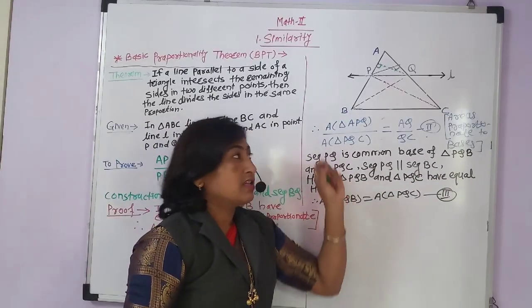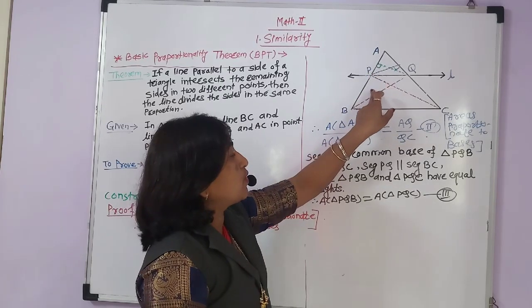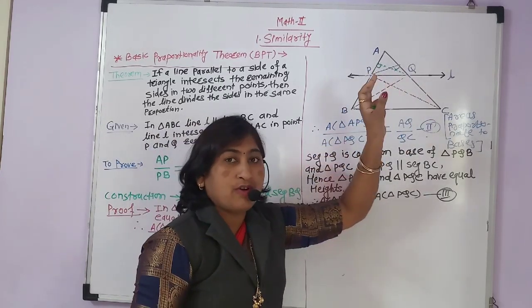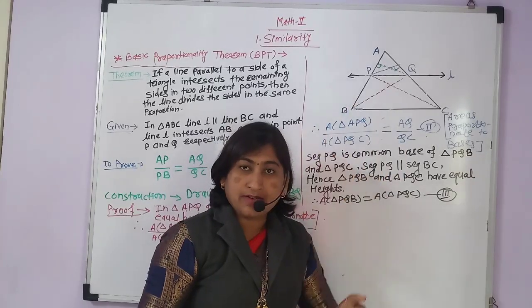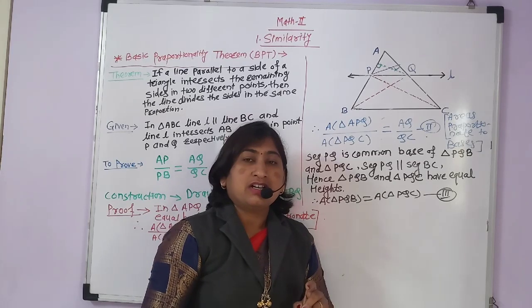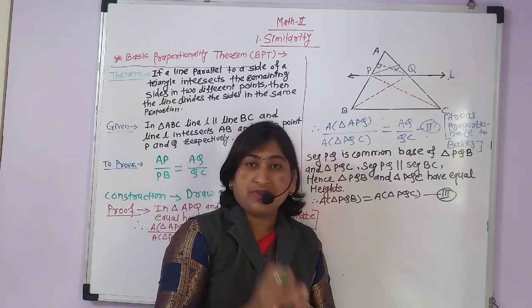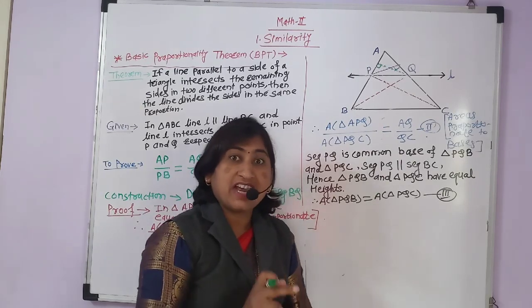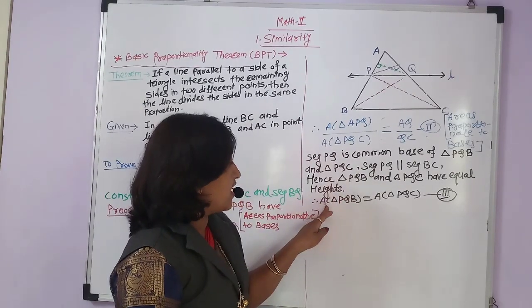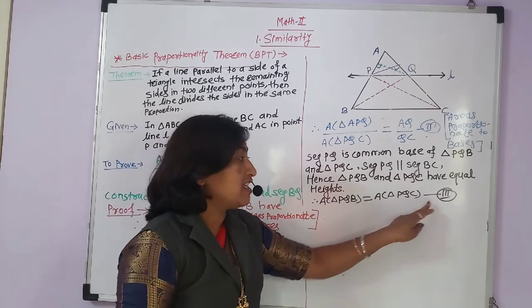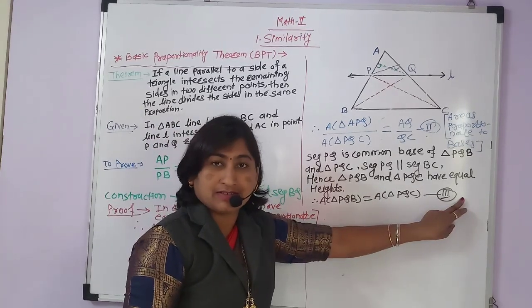For these two triangles, bases are equal and heights are equal, so their areas must be equal. So we can write area of triangle PQB equals area of triangle PQC, and this is our equation number 2. Okay.